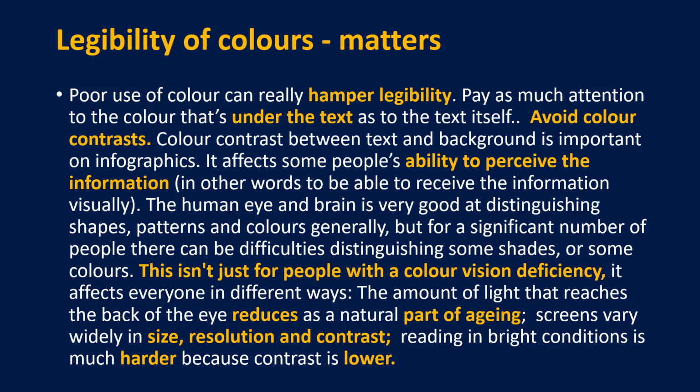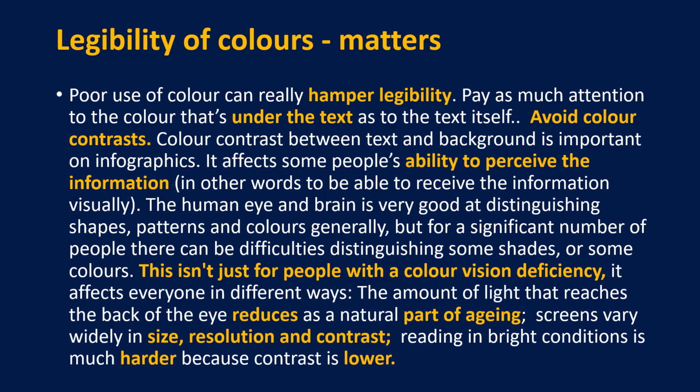And so they just can't distinguish, particularly when we get to fine shades, variations on the same colour. People can't distinguish them. And so if you're using those colours to separate out components in your infographic, it makes it much, much harder for people to distinguish and therefore interpret what you're putting to them. And in terms of the why, well, first thing is to think about aging.